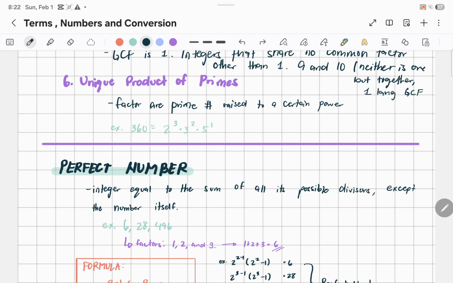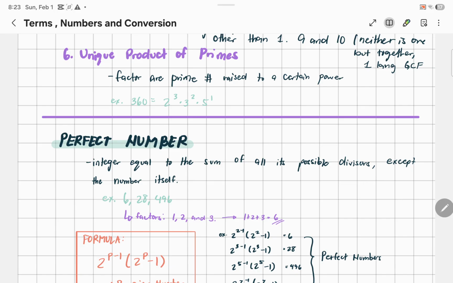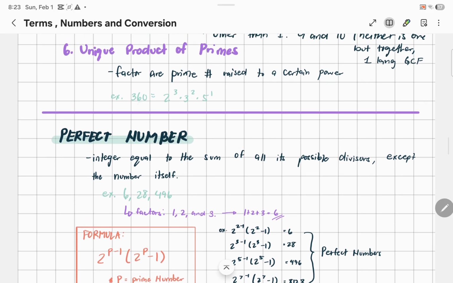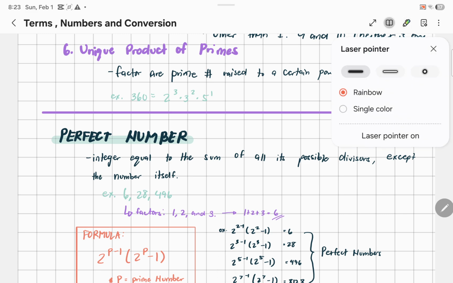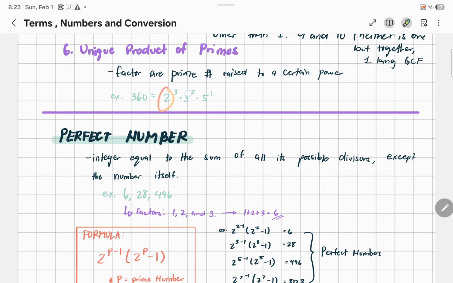So the factors of 360 are 2 cubed times 3 squared times 5 raised to 1. And take note that 2, 3, and 5 are just prime numbers. They are just raised to a certain power. Therefore, this is considered a unique product of primes.